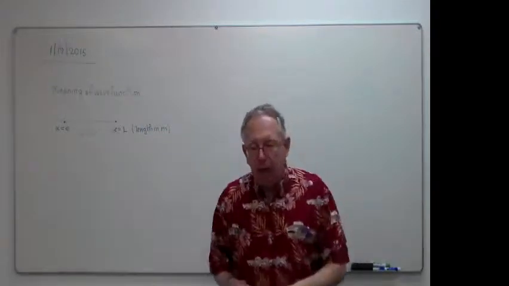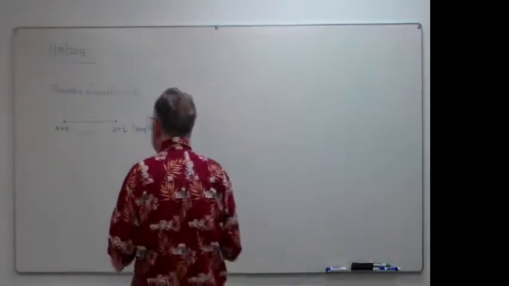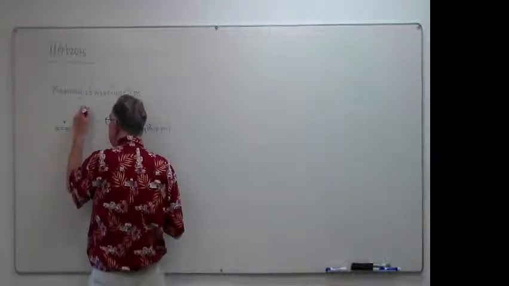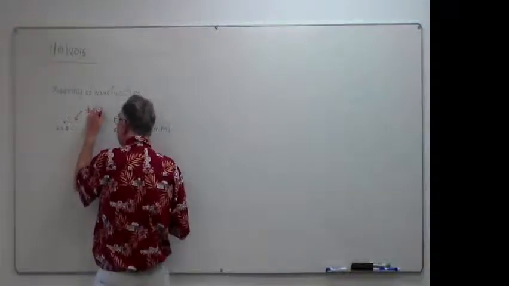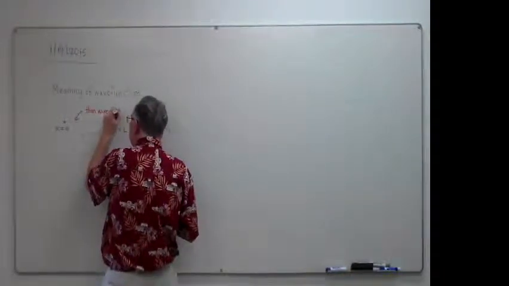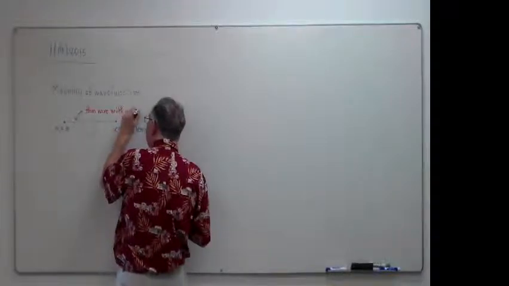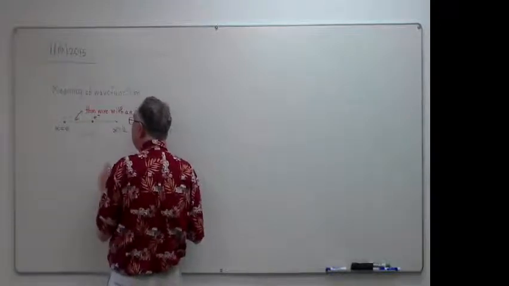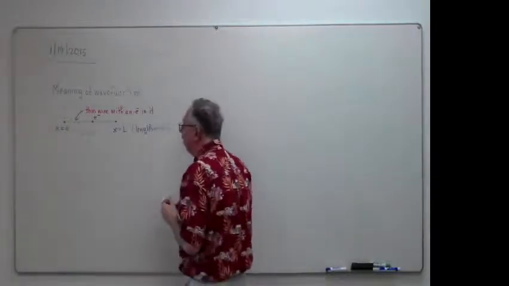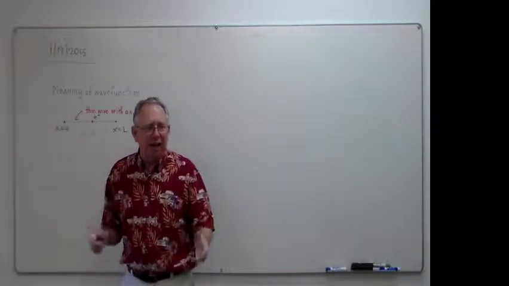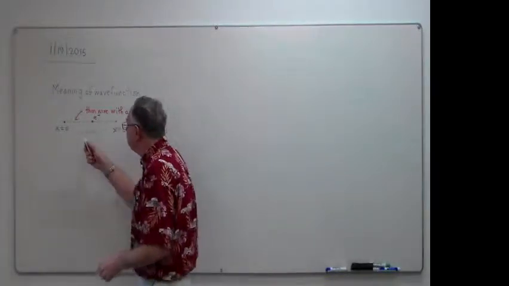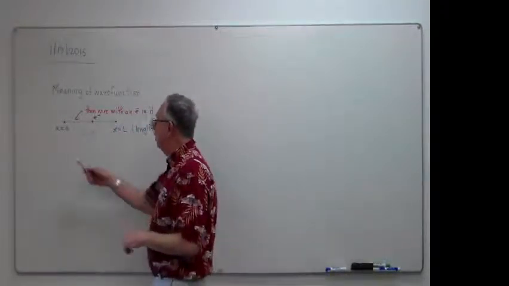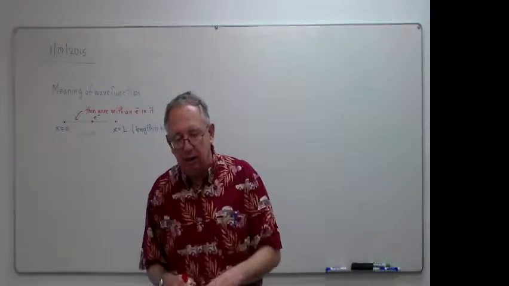And one might envision such a system as a thin piece of wire with an electron in it. So here's the electron, and it's on this thin piece of wire, and it really can't jump. That electron can't jump off the wire. It can't go off the end or the sides of the wire. The only place it can be is on this wire between x equals 0 and x equals L.